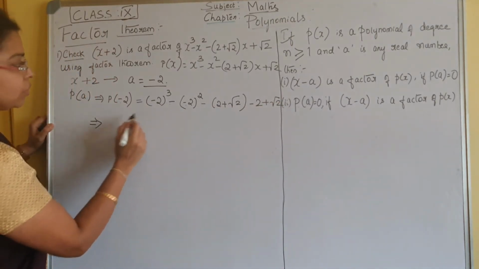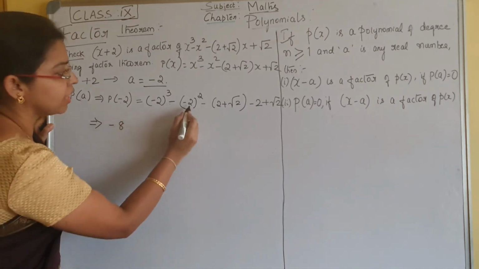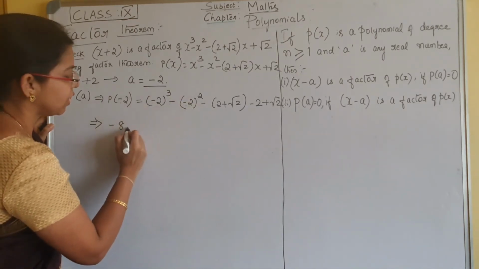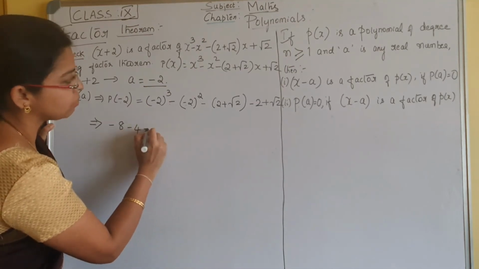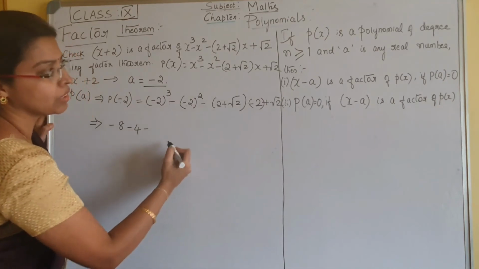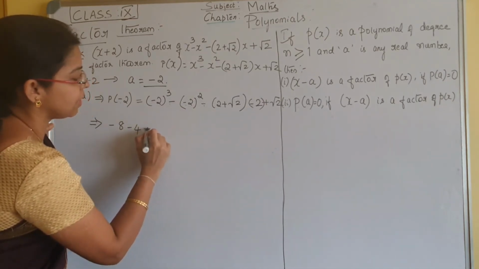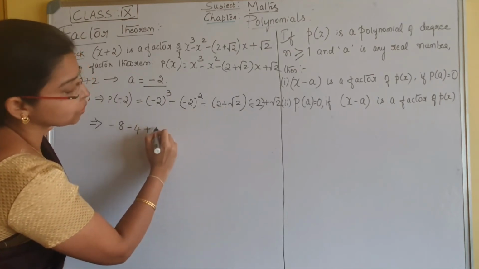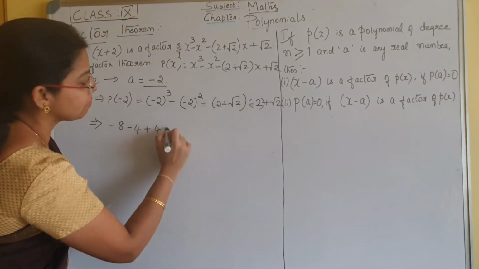This will give you minus 2 the whole cube is minus 8. And then minus 2 square is 4. And then since minus is there, minus 4. And then minus of, here it is minus 2. So minus 2 into minus, it is plus 2 into 2, 4. Minus into minus is plus.